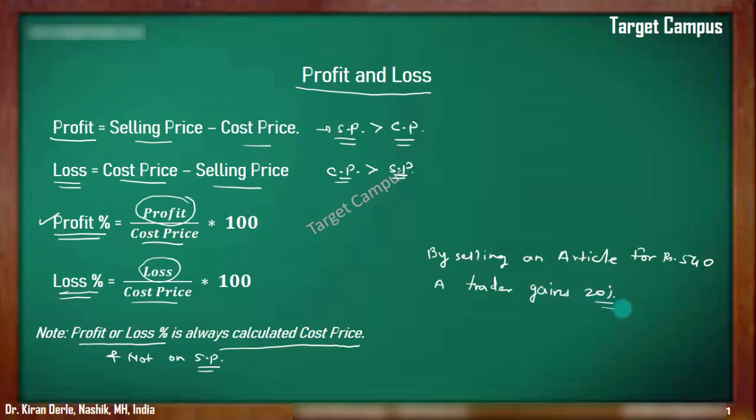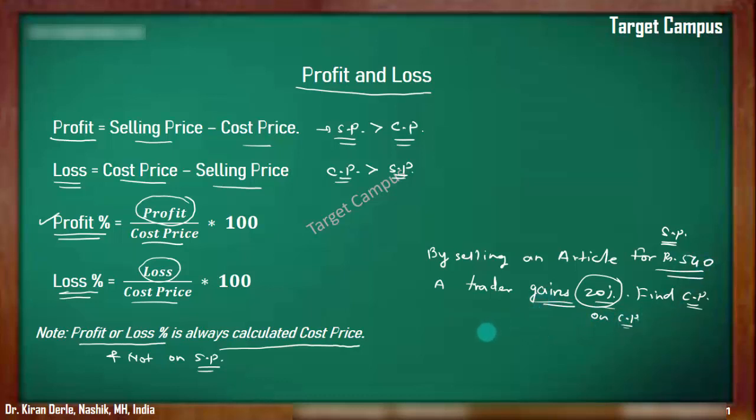Find the cost price of the product. So what can you do? This is his selling price of the article, and profit percent is 20%. You cannot calculate 20% of 540, because the 20% gain is on cost price, and not on selling price.